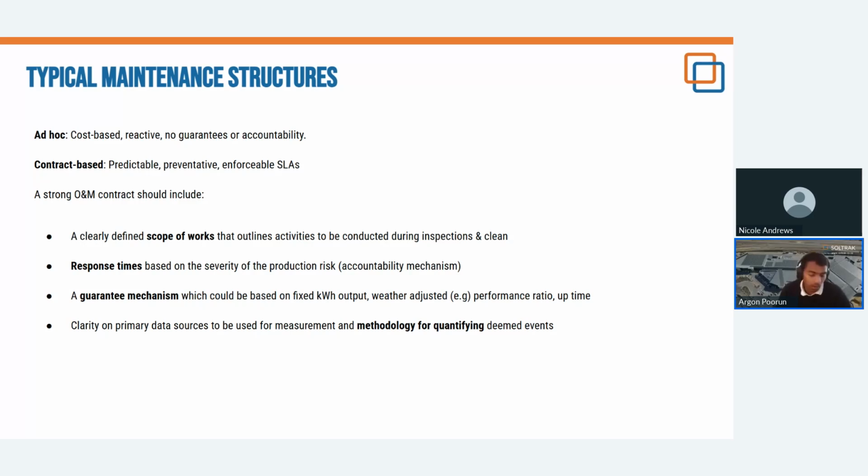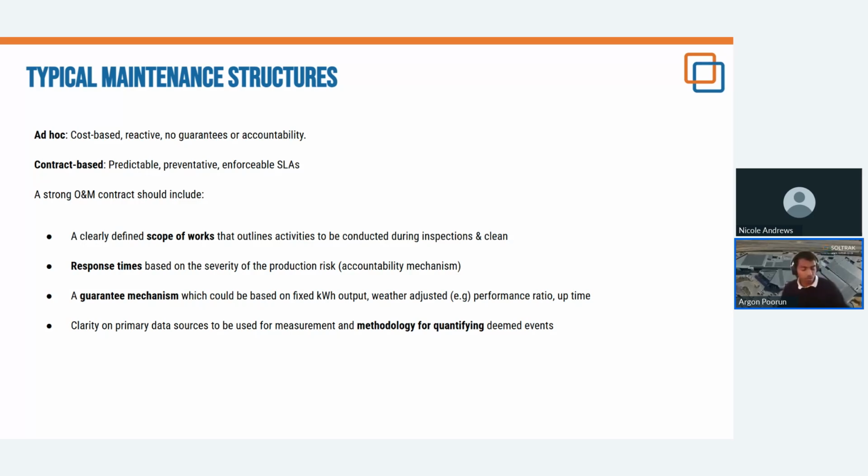And it's quite important that how this is quantified is quite clear based on the contract, because in the event that the service provider doesn't meet their guarantee, it's important to understand the impact of these deemed events, which would be accounted for against the deficit or surplus, to ensure that a fair penalty is reached in that evaluation.